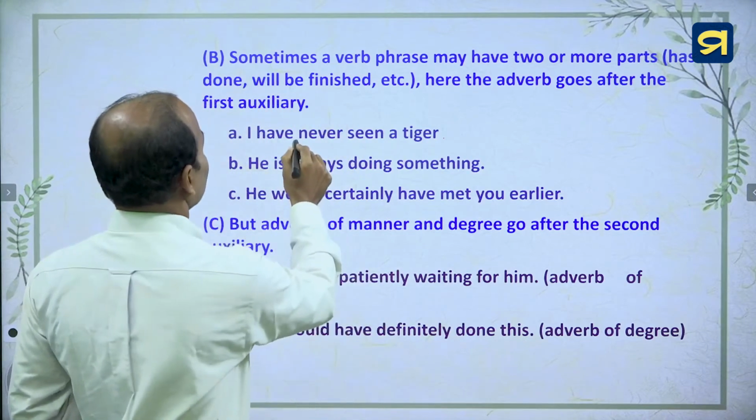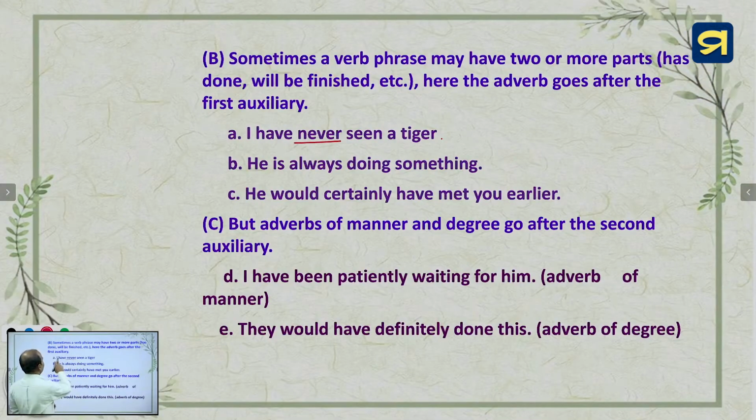Okay? So, you can see that never is here in between have and seen. He is always doing something. So, is and doing are the verb parts here, and always is in between the verb.